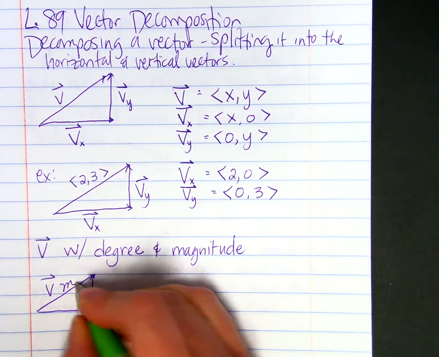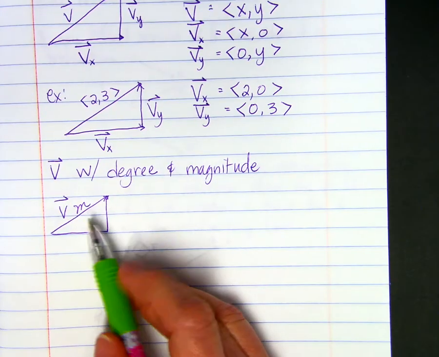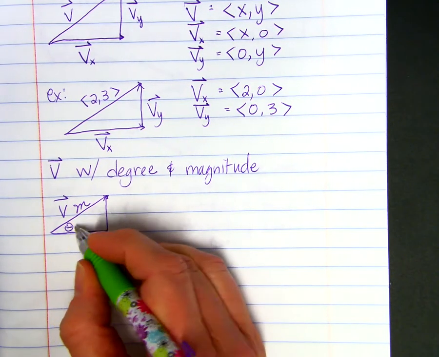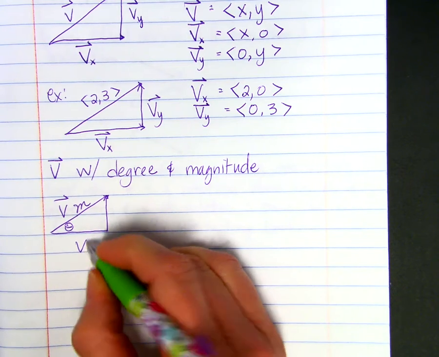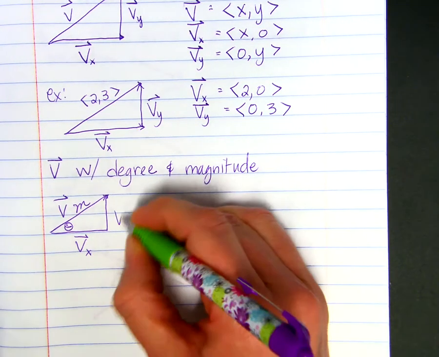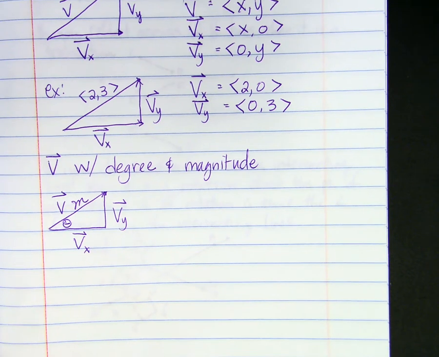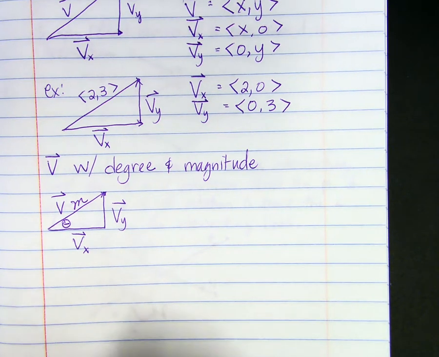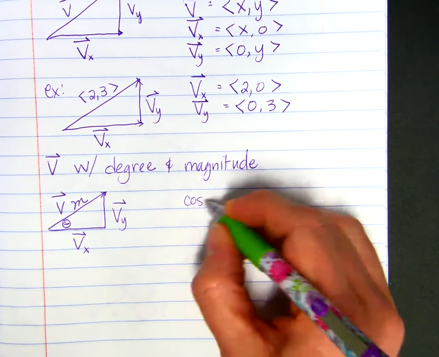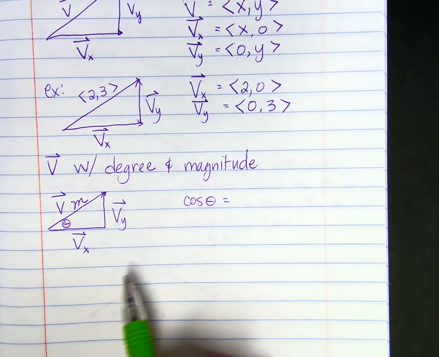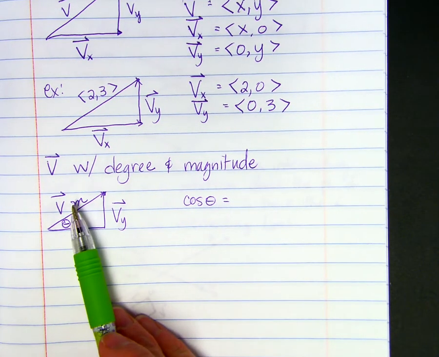The magnitude would be m. The degree would be theta. And we have our v sub x, vector v sub y. So if you notice, cosine of theta is equal to adjacent over hypotenuse.